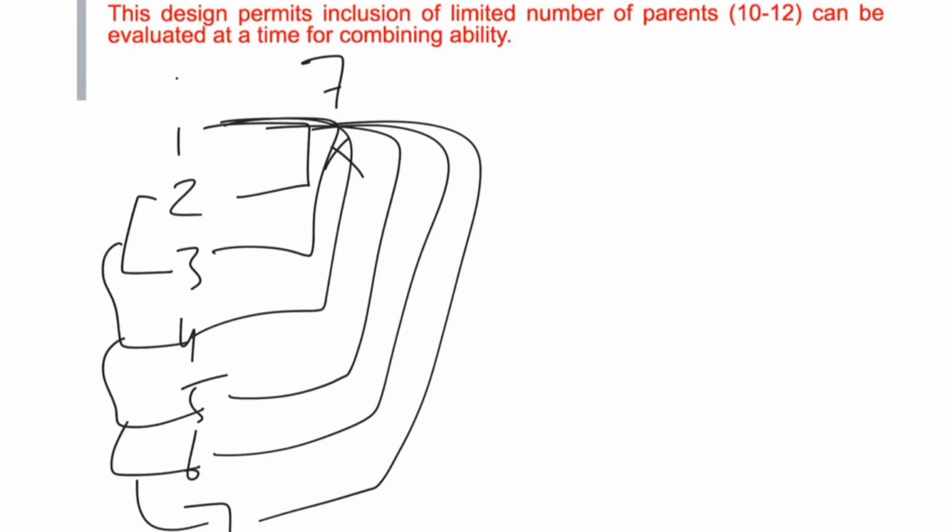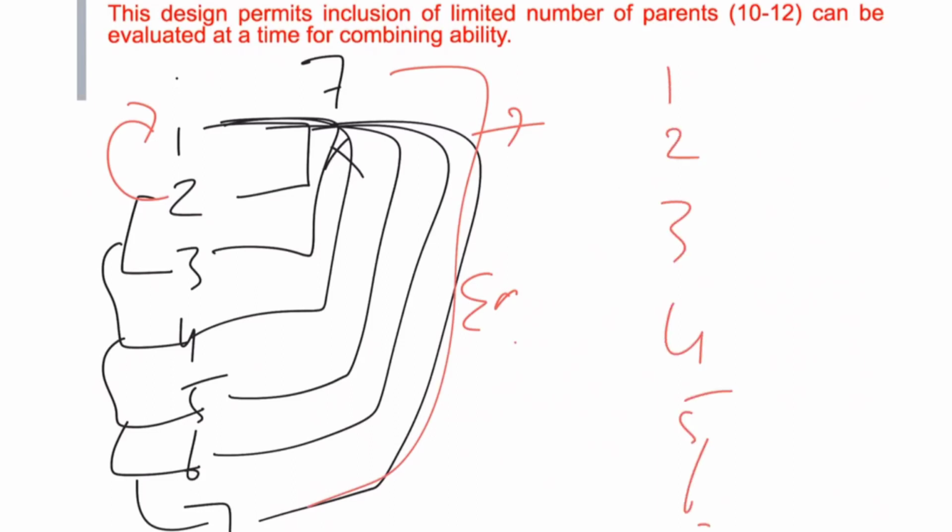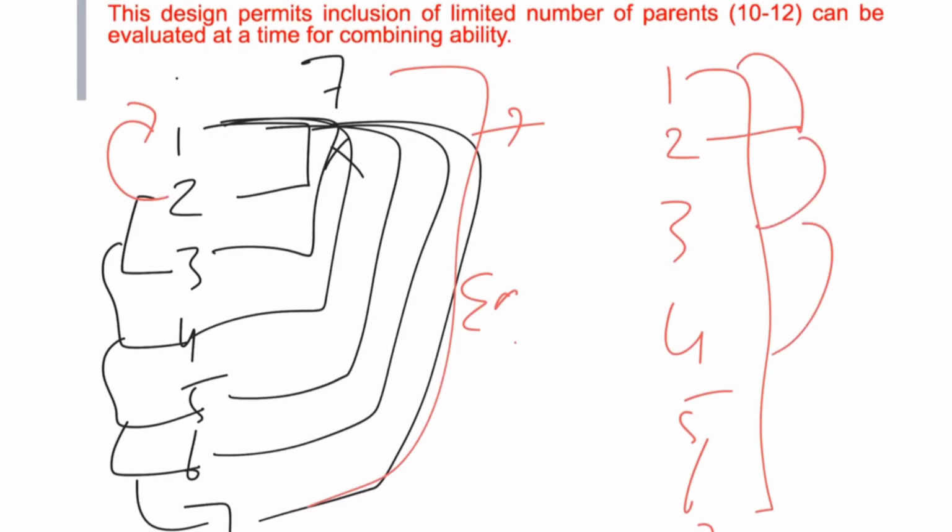If 2 is crossed with 1, we call it including reciprocals. So these are the excluding reciprocals. In the including case, 1 is crossed with all the other lines, 2 is crossed with 1, then 3, 4, 5, 6, 7. We call it including reciprocals. So this is the difference between excluding reciprocals and including reciprocals.